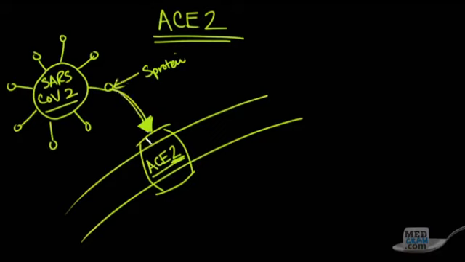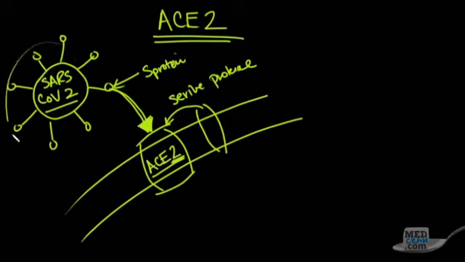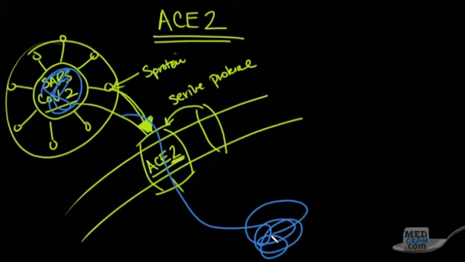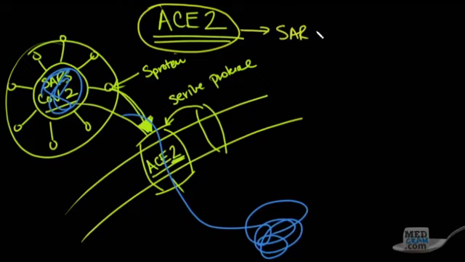And then there's another protein called a serine protease, which is also here in the membrane, which helps to internalize this virus into the cell, and it allows the messenger RNA, which is in here, to come in and infect the cell. The key here, though, is this protein that is on the side of the cell is ACE2, and it's exactly the same protein that was the receptor for the SARS-CoV virus that was back in 2002.